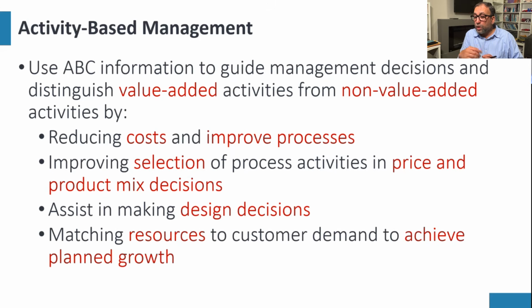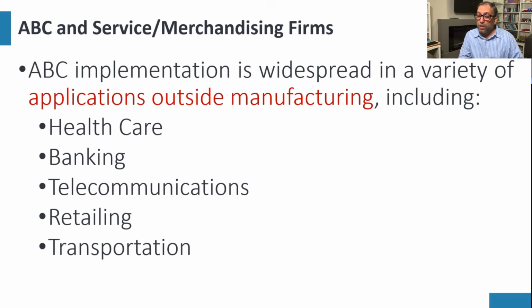So reduce cost and improve processes, improve selection of process activities in price and product mix decisions, assist in making design decisions, and match resources to customers' demand to achieve growth plans. So these are the benefits. ABC, activity-based costing, is not only for manufacturing or merchandising firms.